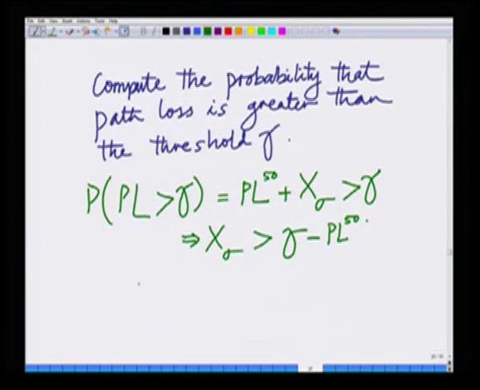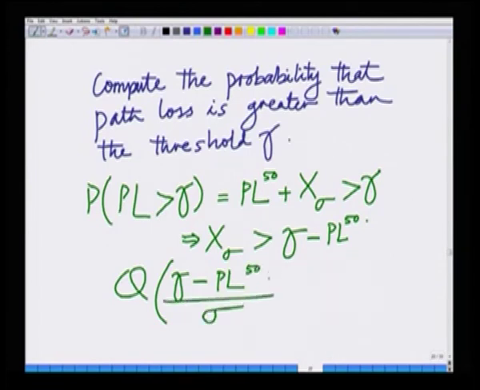Hence, this probability is nothing but Q of (gamma minus PL 50) divided by sigma.